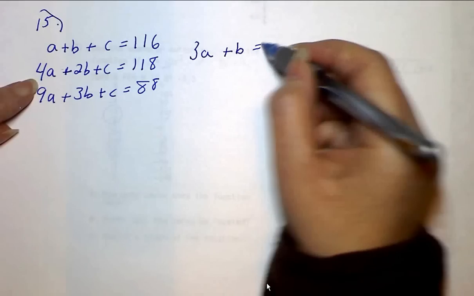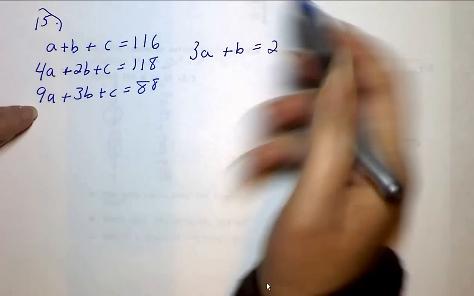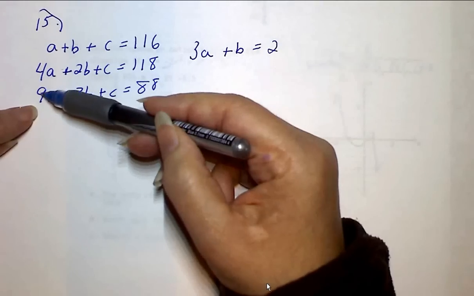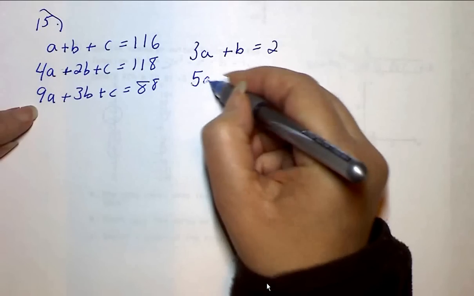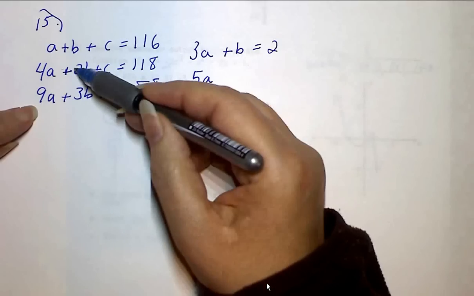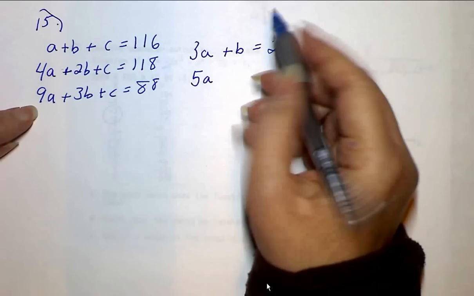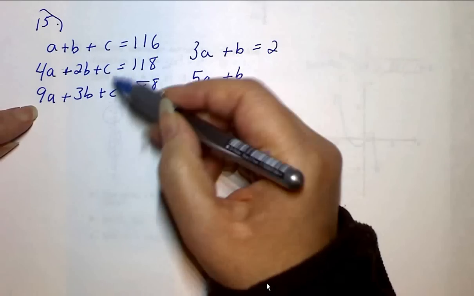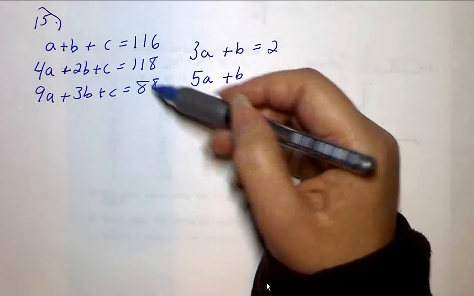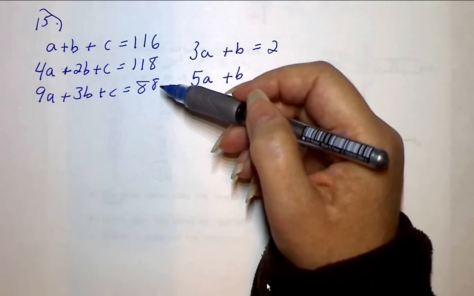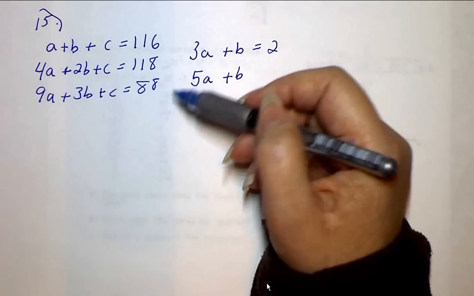Then you do this: 9a minus 4a gives you 5a, 3b minus 2b is b, c minus c is gone, and then you have your 88 minus my 118 gives me a negative 30.